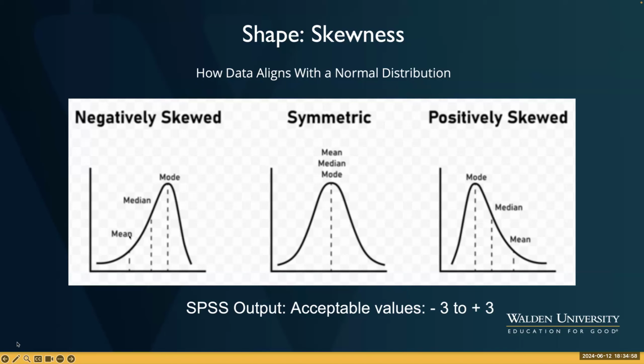Here is the average score. Where are the majority of the scores? Are they above the average or below? The average score, the scores are where? Above or below the mean? They are above the mean, going to the right. So this will be a negatively skewed distribution.